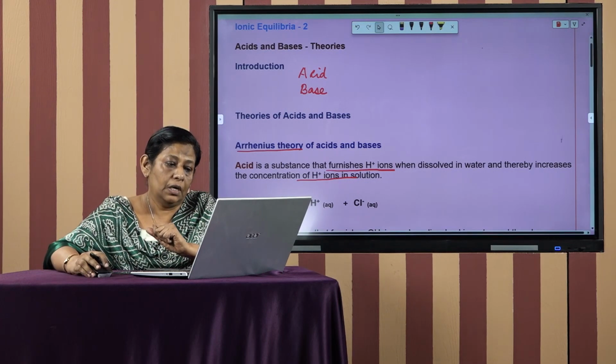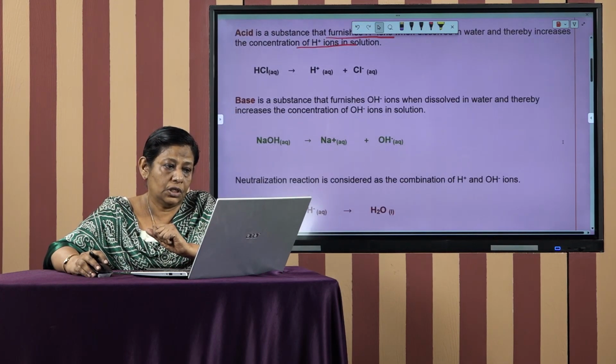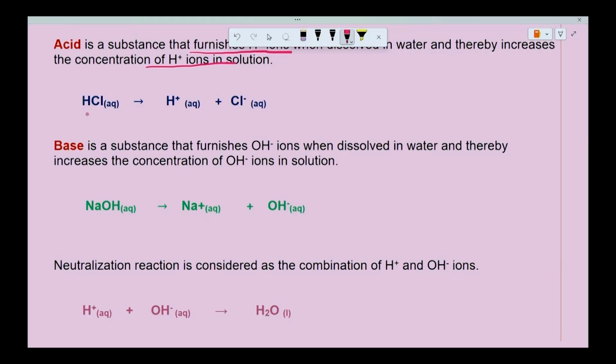Now, for example, let us see the acid HCl. When we take HCl(aq), where aq represents that HCl is in the aqueous state, it furnishes H plus ions in the aqueous medium as well as Cl minus ions.